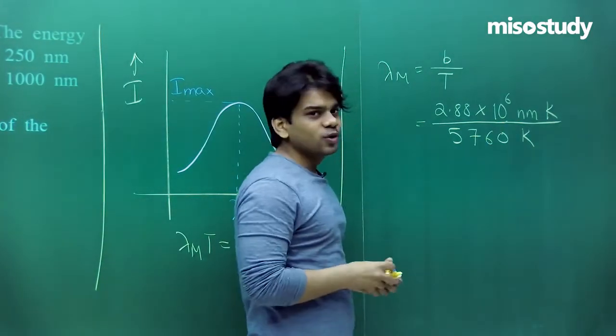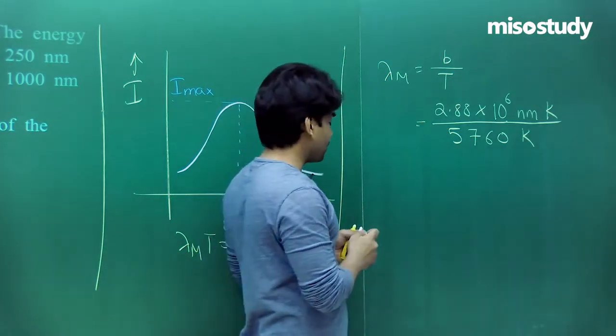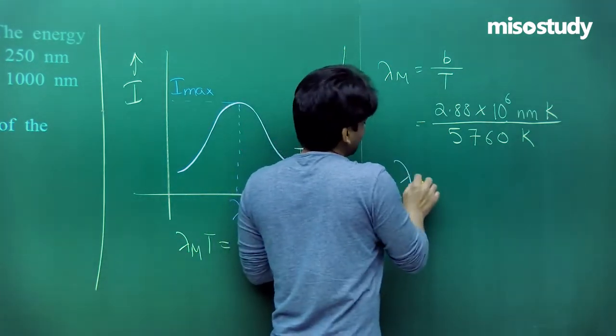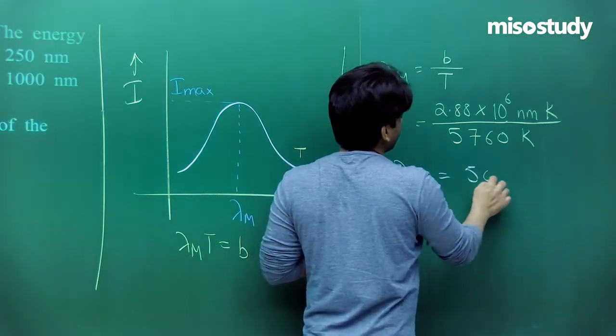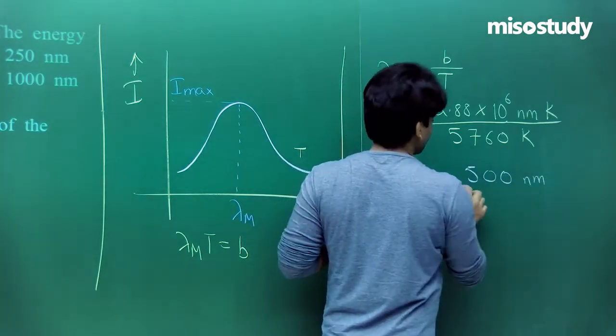So clearly after doing this we can obtain the value of lambda max, and this lambda m value will come out to be 500 nanometer.